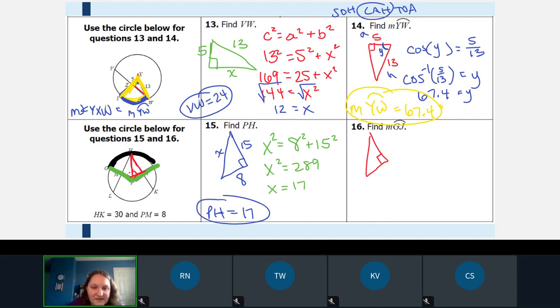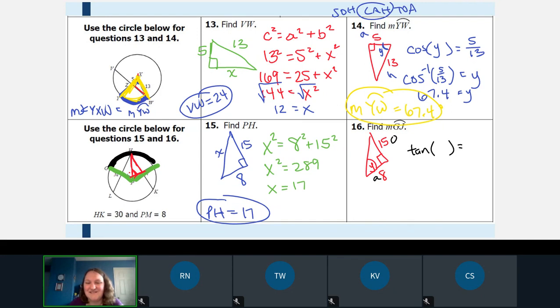We know this is 8 and this is 15. And let's find the measure of this angle right here. That would be this little red arc right there. All right, so we're going to use SOHCAHTOA again. Opposite, adjacent, tangent. Yay.